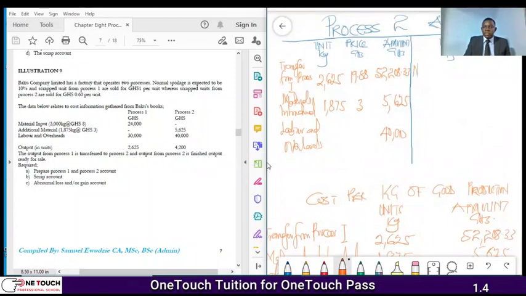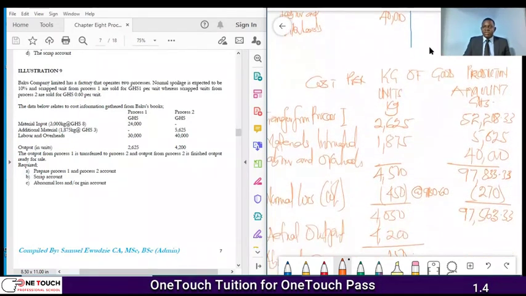Here we have our normal loss of 450 at 0.6, which is 270. Then here we have an abnormal gain of 150, and that will be valued at 24.09.